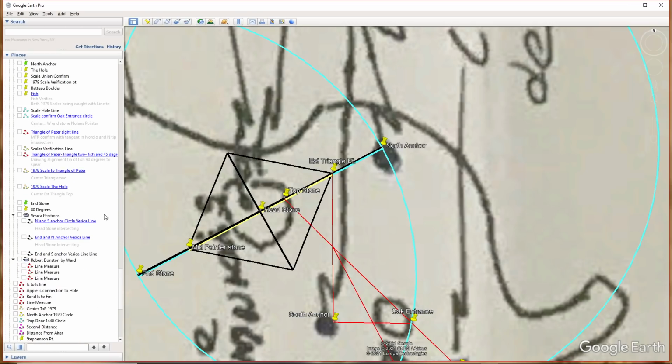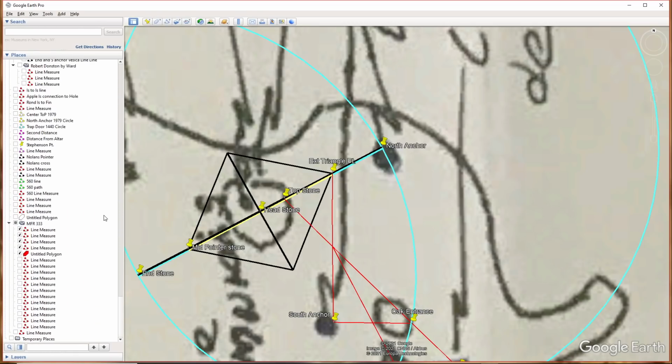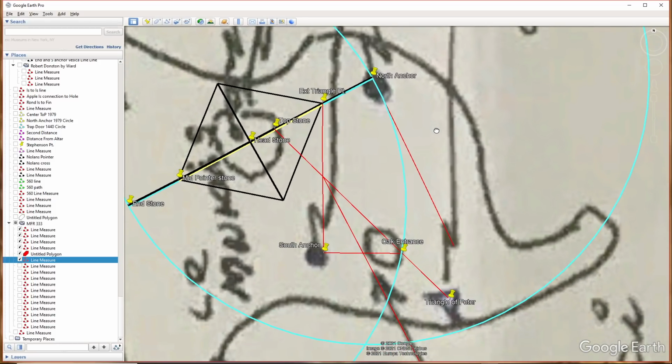I haven't yet really understood all of them, but we have here the line that goes to the north anchor, and this I'm seeing as being associated with the Triangle of Peter.